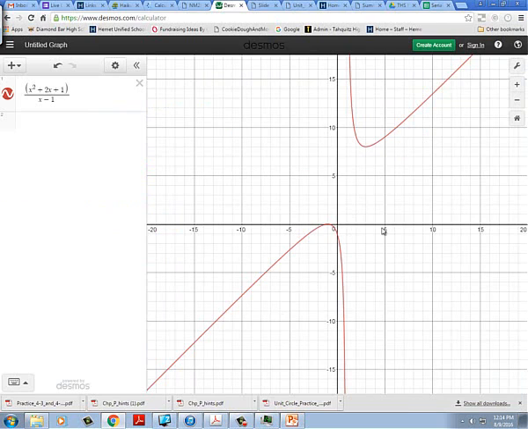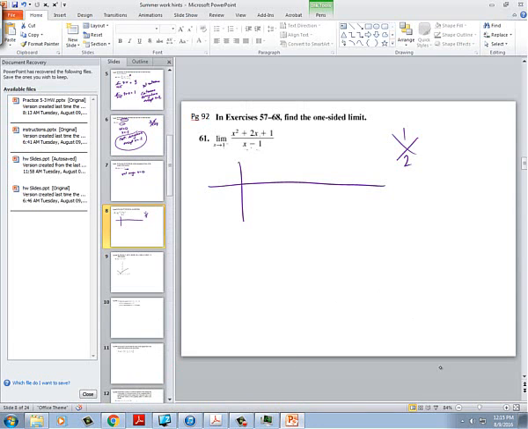It is scaled by ones. It's kind of out every 5. So if we're looking at, I wanted the one-sided limit at x equals 1. So we're looking at x equals 1. What's at 1 on this thing? It's an asymptote, okay? Because it's something that's left in the denominator, right? So we used a couple of tools to determine that.